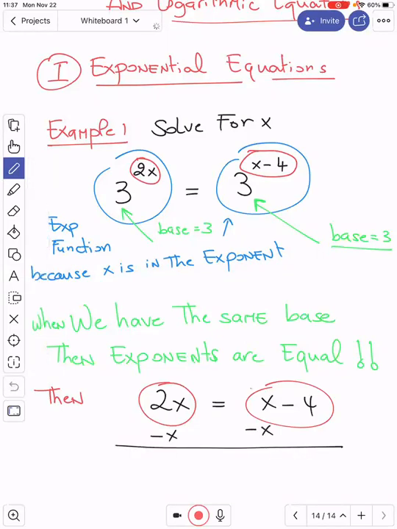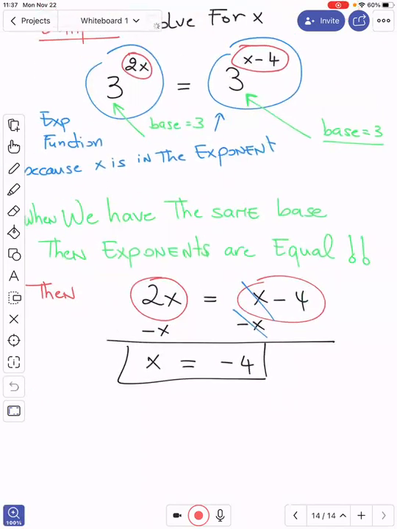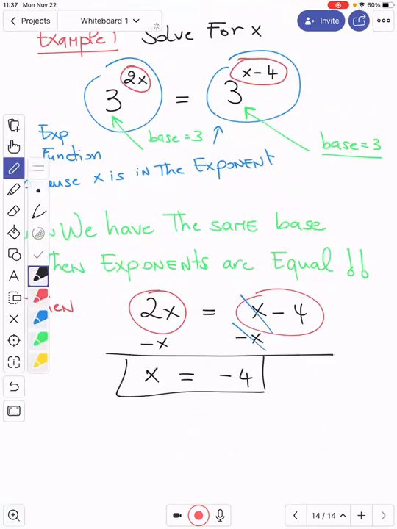Then the x cancels out. On the left side, it's 2x minus x, that's 1x. And on the right side is negative 4. So the solution of this equation would be x equal to negative 4. So the final answer is x equal to negative 4.